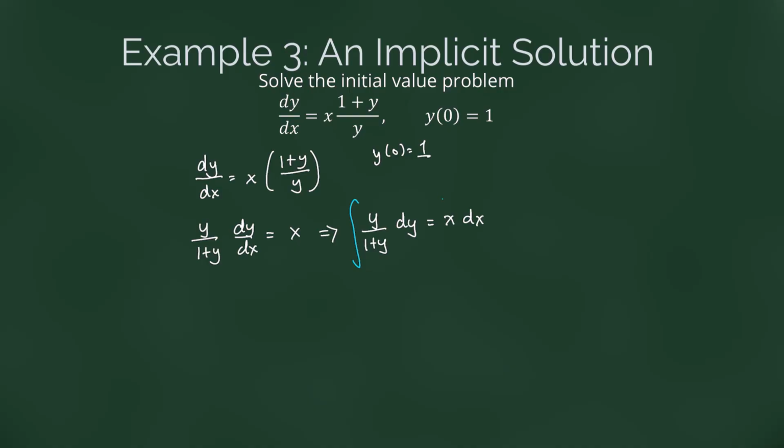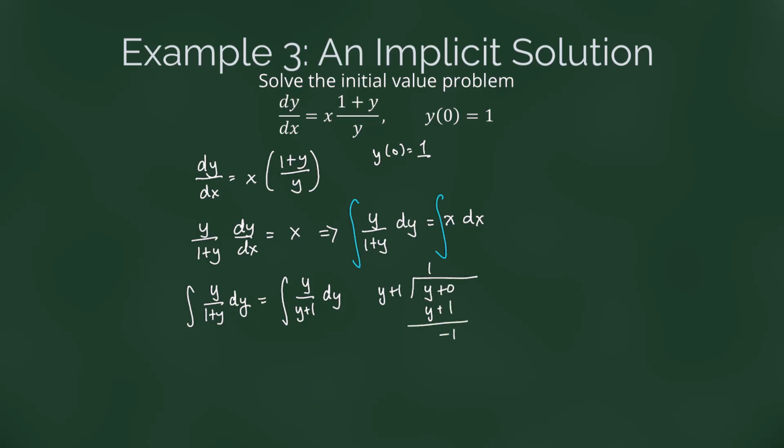Now we can antidifferentiate both sides. So let's look at the antiderivative of y over 1 plus y dy. That's the same as y over y plus 1. The reason I'm rewriting that is because if I divide y plus 1 into y, I get 1 and then minus 1.